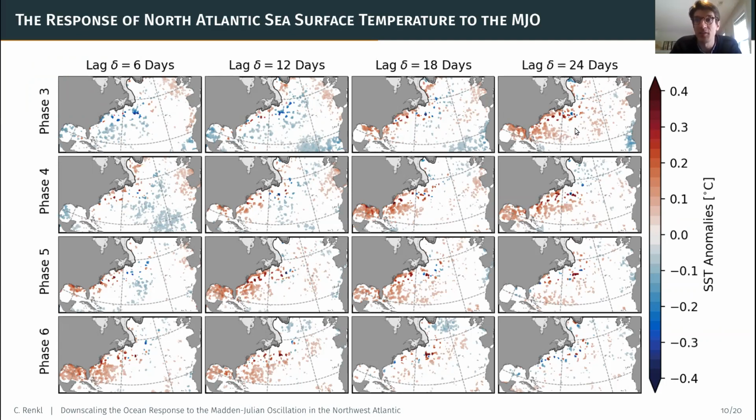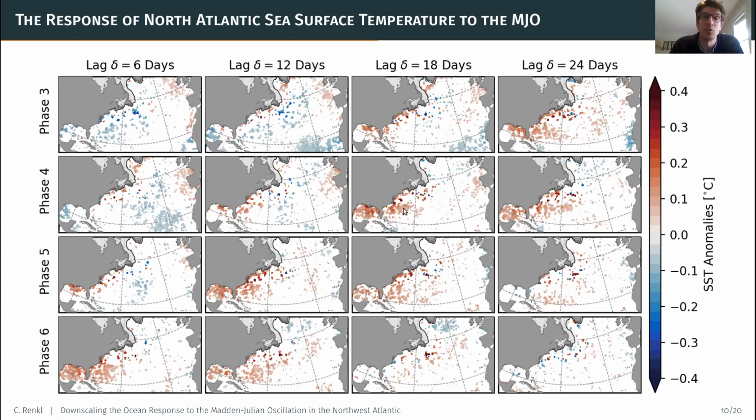All the statistically insignificant composites have been masked out. And what else you can see here is that along the diagonals, if you now go to phase 4, you see a similar pattern, but 18 days at a shorter time lag.